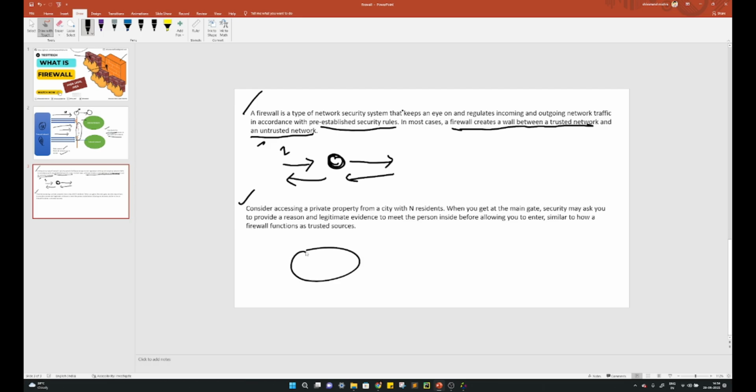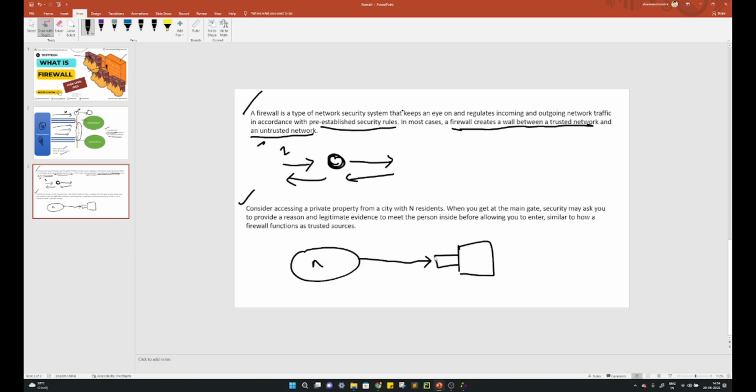So consider it this way: suppose you are living in a city where a number of people are there, and there is a private property with a main gate. You are coming from the city to get into this private land. At that time you have to pass the security.